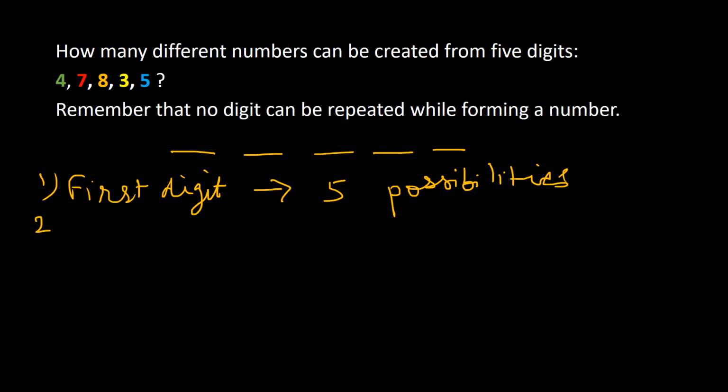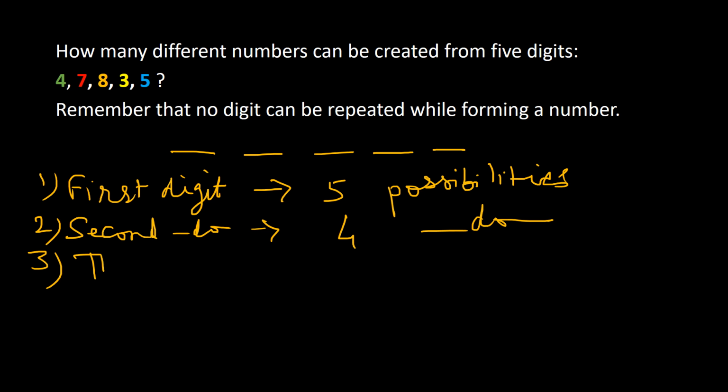Now for the second digit, there are 4 possibilities, because once the first digit is already occupied, then only 4 other digits are left which can occupy the second place. So there are 4 possibilities for the second digit. Similarly for the third digit, there are 3 possibilities.